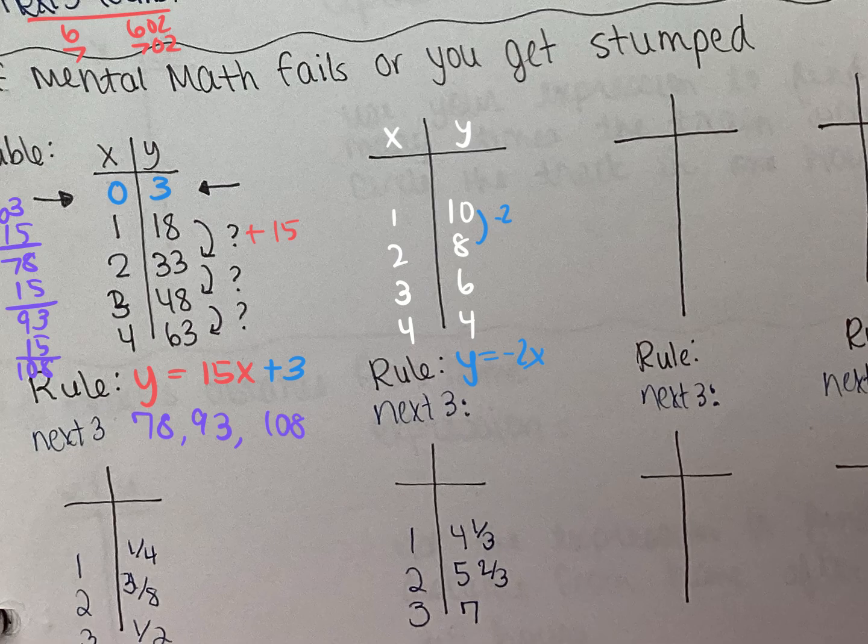If I back up the pattern, I get 12, negative 2x plus 12. Type in the next 3 numbers. 2, 0, and negative 2.